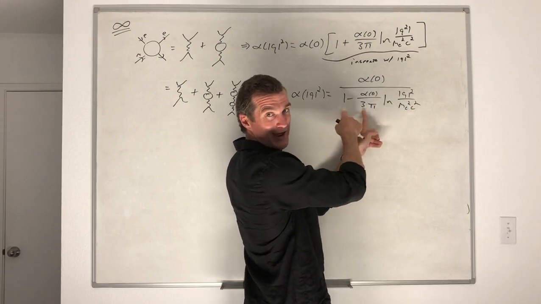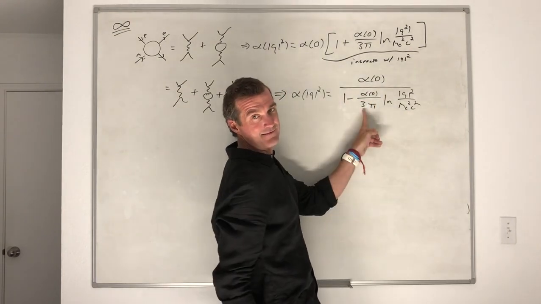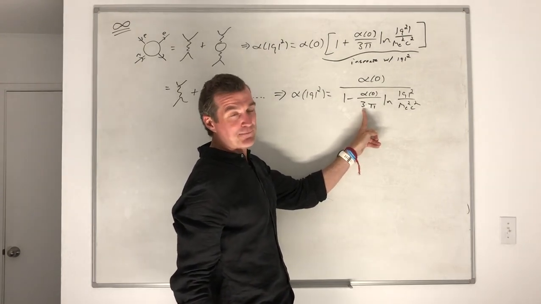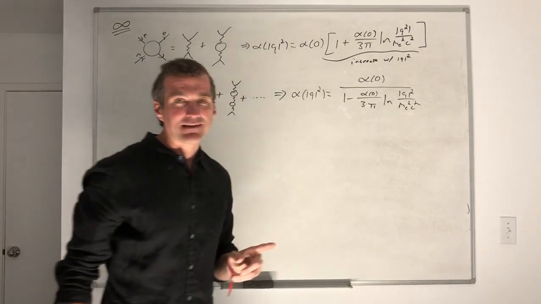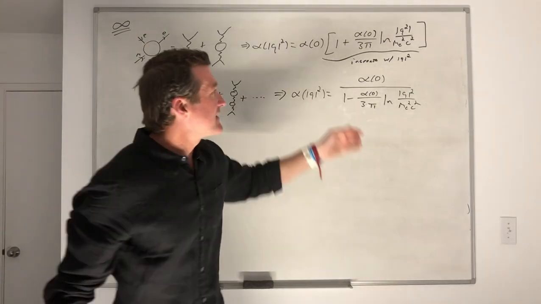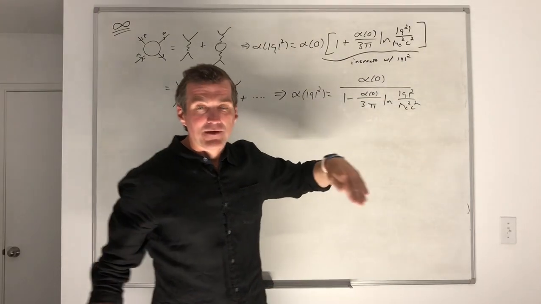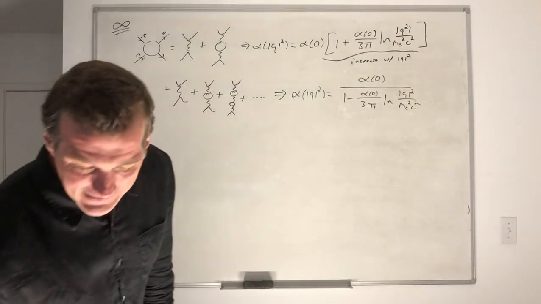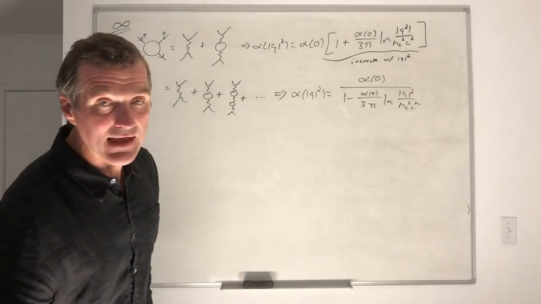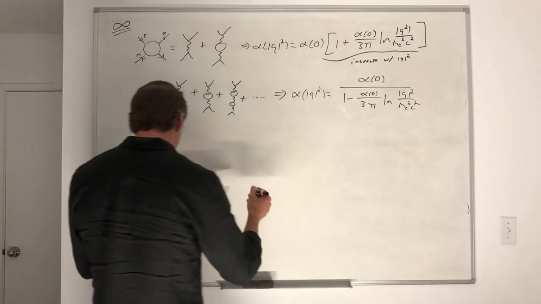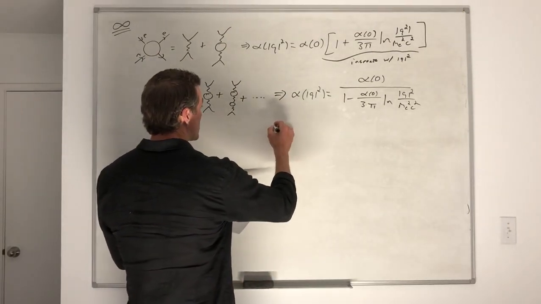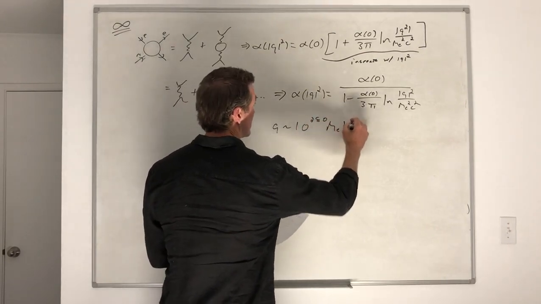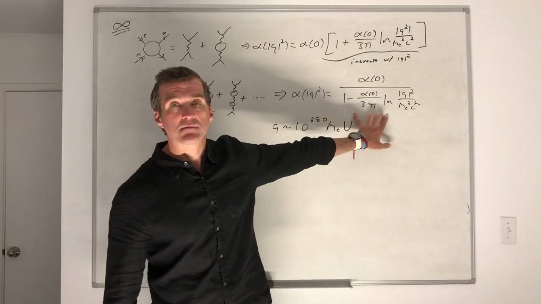And when it's equal to 1, what have we got? Not something over infinity, but something over 0, which is infinite. Beyond that, this starts getting smaller. But you can't ignore that infinity. In fact, that infinity occurs at a finite value of Q. It turns out that when Q gets to the order of 10 to the 280 MeV, this thing actually becomes infinite.